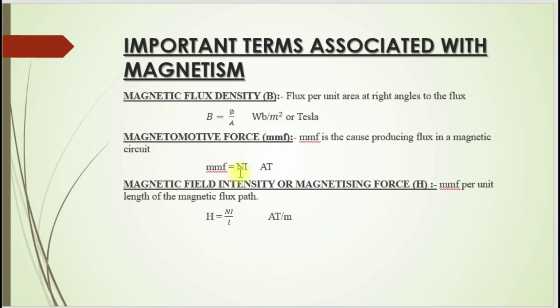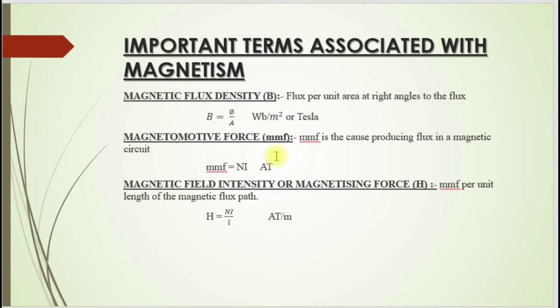N means number of turns and I means current flowing through the conductor. So number of turns, its unit is T, and I means current, so unit is A, ampere. So MMF has the unit ampere turns. MMF having the unit AT, AT means ampere turns.